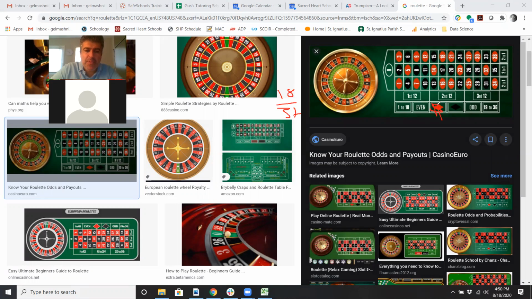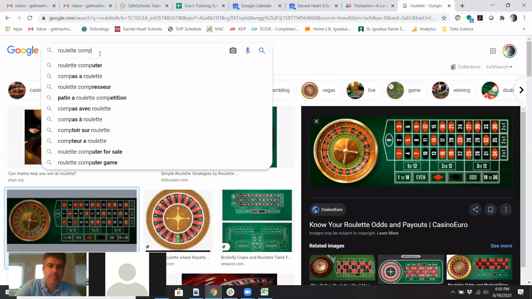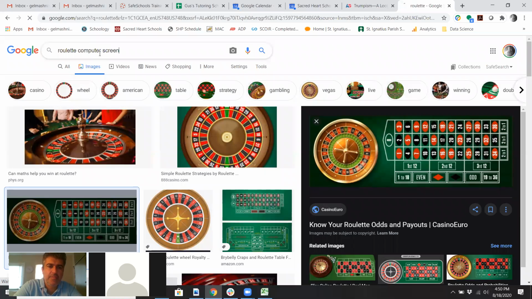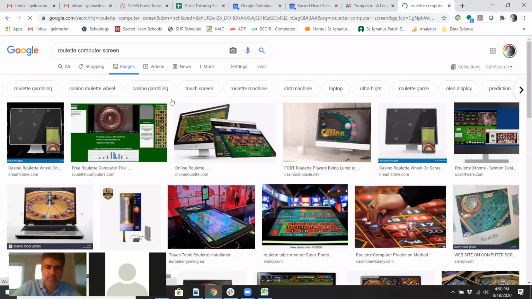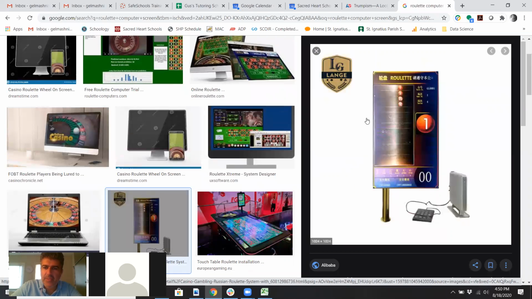And then what happens sometimes, usually there'll be a screen that shows what numbers have shown up recently. I guess if you want to run a casino in your house, you could buy this if you want.